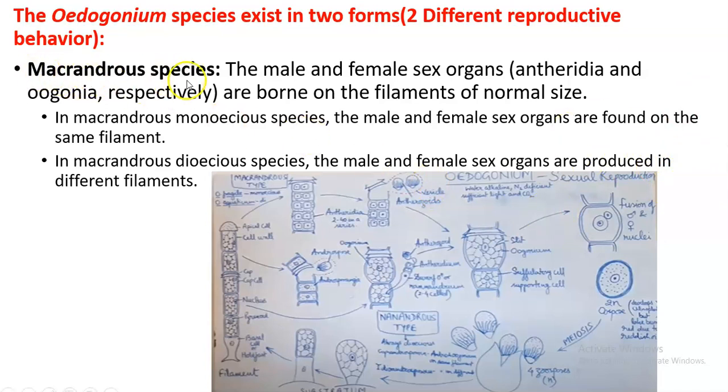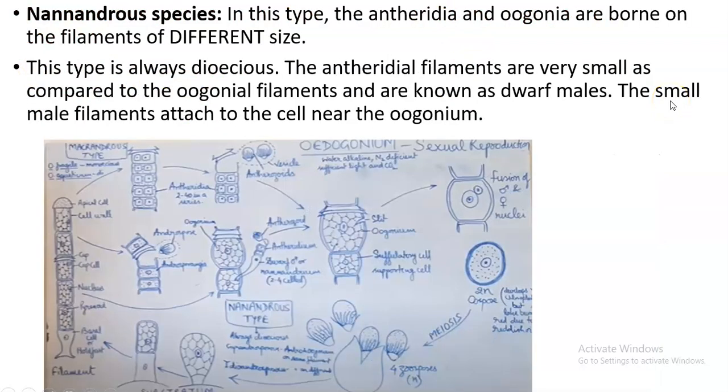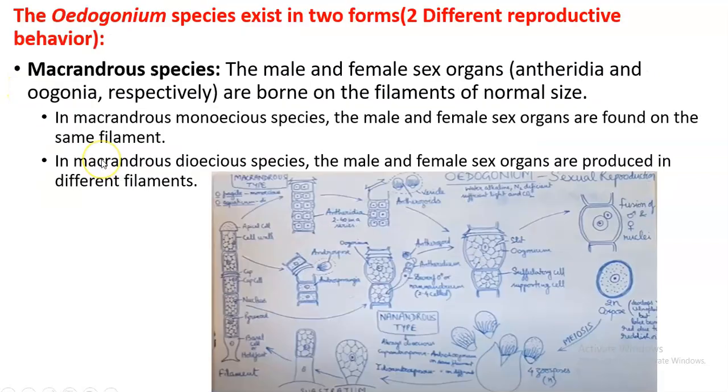One is the Macrandrous species and the second one is the Nannandrous species. In the reproductive slides we'll discuss the exact behavior of Macrandrous and Nannandrous species, but since this is an intro class, we just need to know what they are.